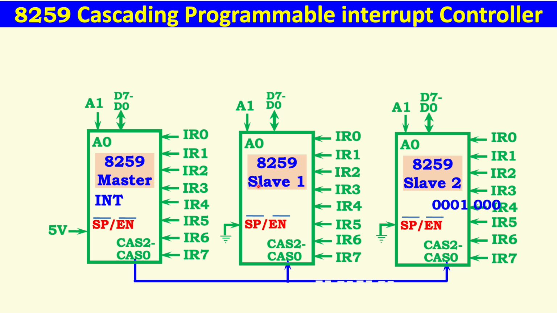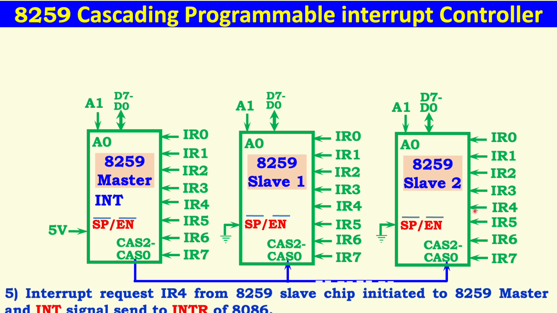Now, for example, if I want to handle interrupt request number 4 in the third chip, 8259 slave 2, how can it generate an interrupt request to the processor, let us see. Now IR4 of an 8259 slave is initiated by the interrupt request of the 8086.